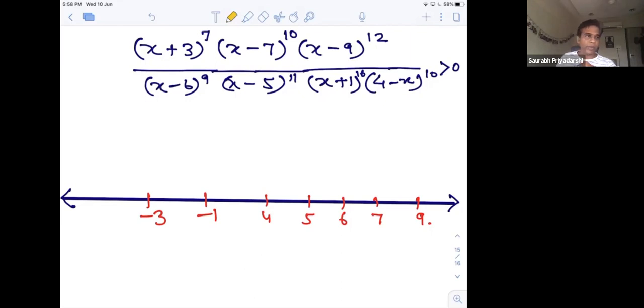4 minus x to the power 10, x minus 5 to the power 11.